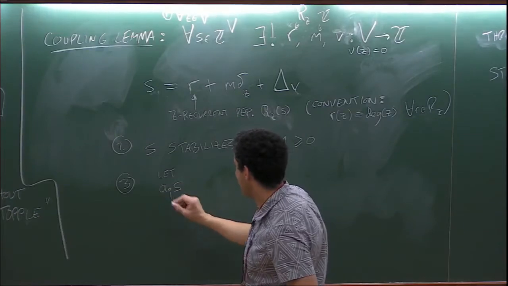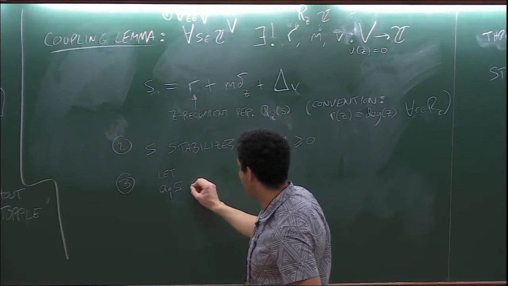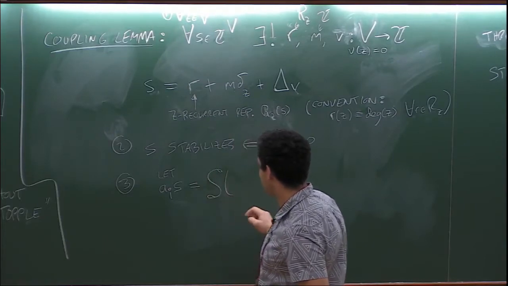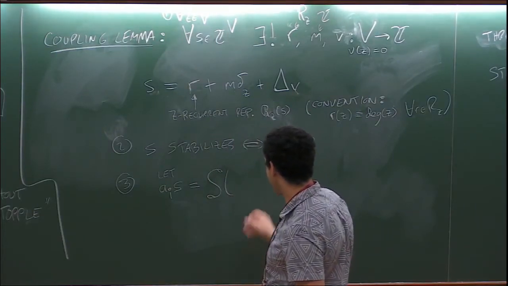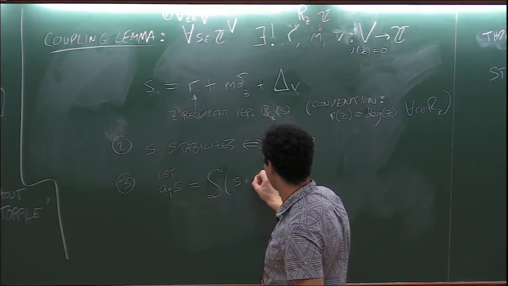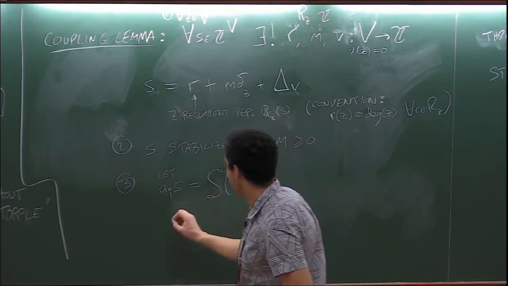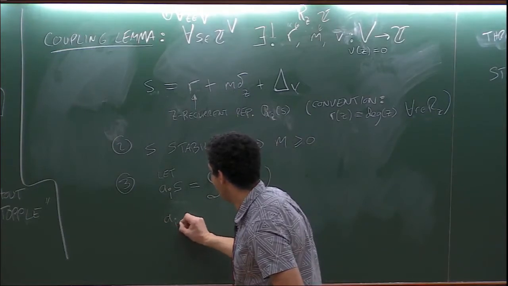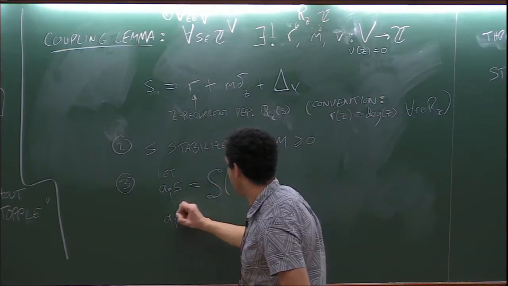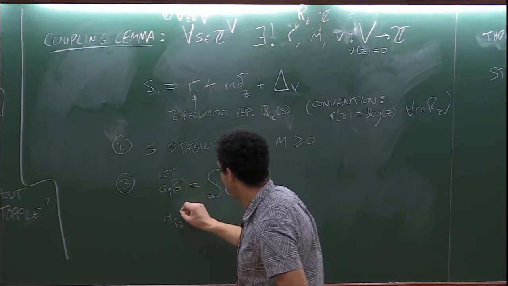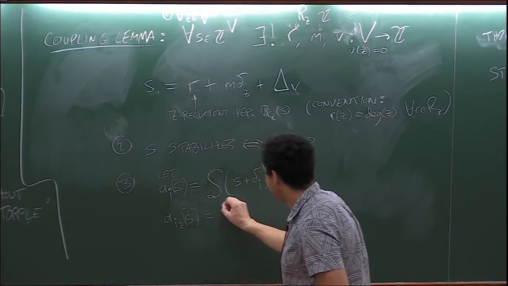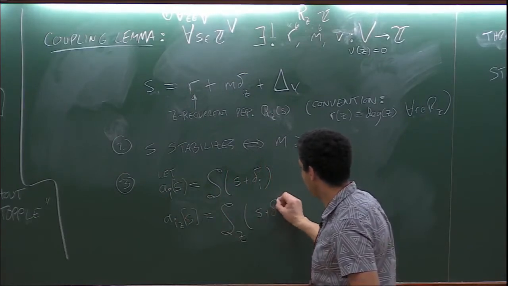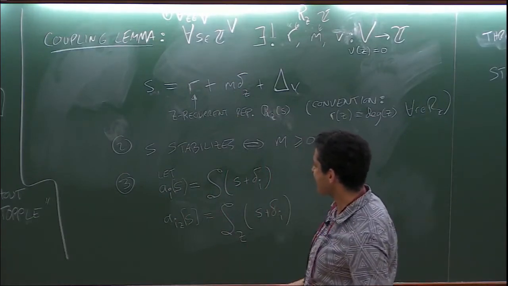So let's call this A_i. So let A_i S be the stabilization of S plus delta_i, and A_i^Z S be the same thing, but stabilizing without the sink topple.